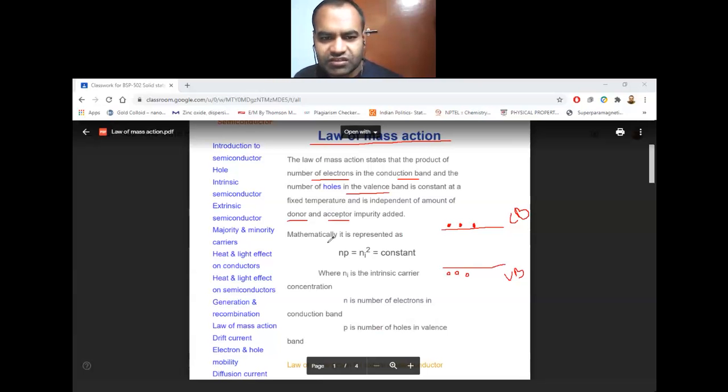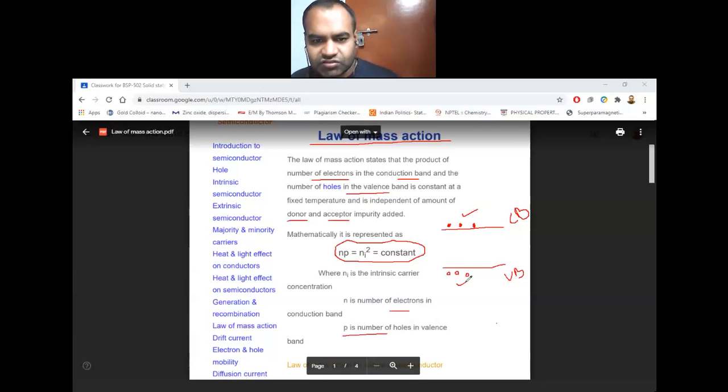So according to the law of mass action, this is the mathematical statement. Small n represents the number of electrons in the conduction band, and small p represents the number of holes in the valence band.